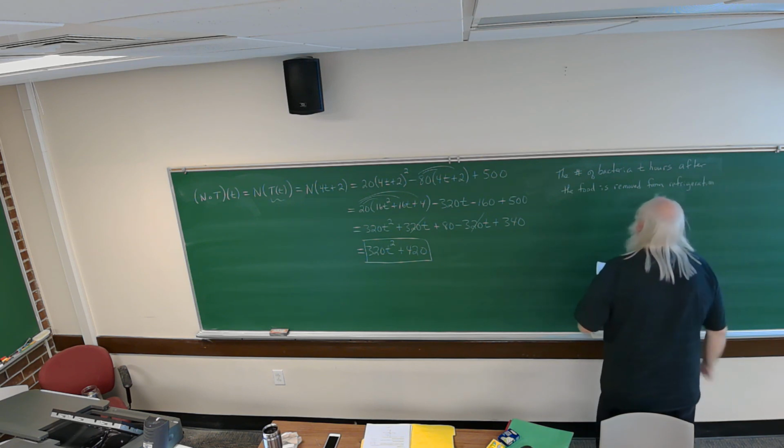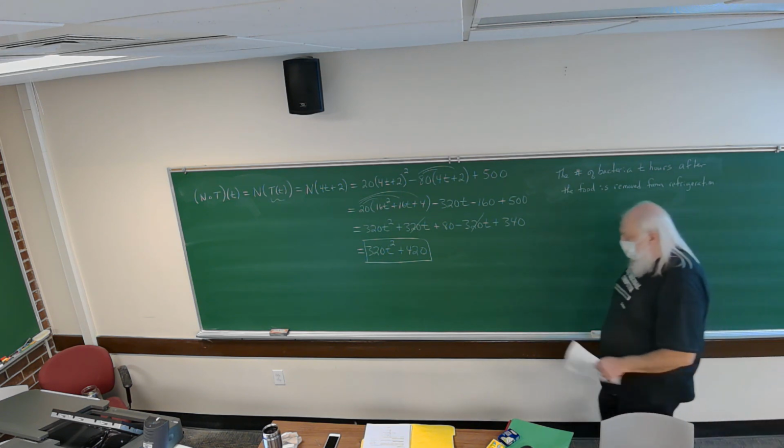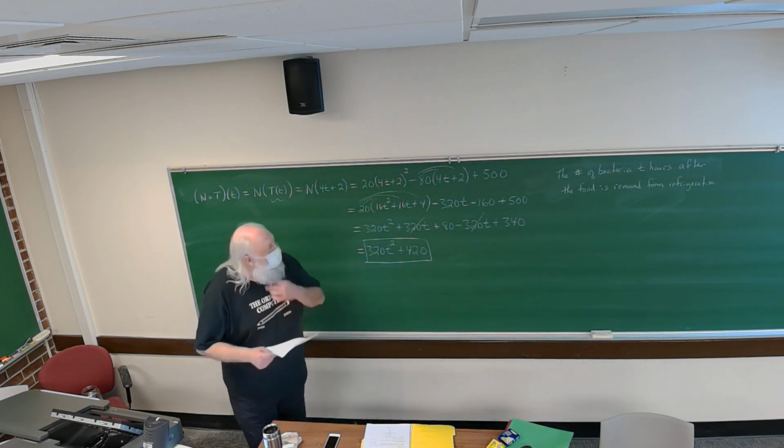So the number of bacteria in the refrigerated food is a function of temperature, and temperature is a function of time after it's removed from refrigeration. So in the composite, big N is a function of little t, and we have the number of bacteria in the refrigerated food t hours after it's removed from refrigeration. Any questions on that?